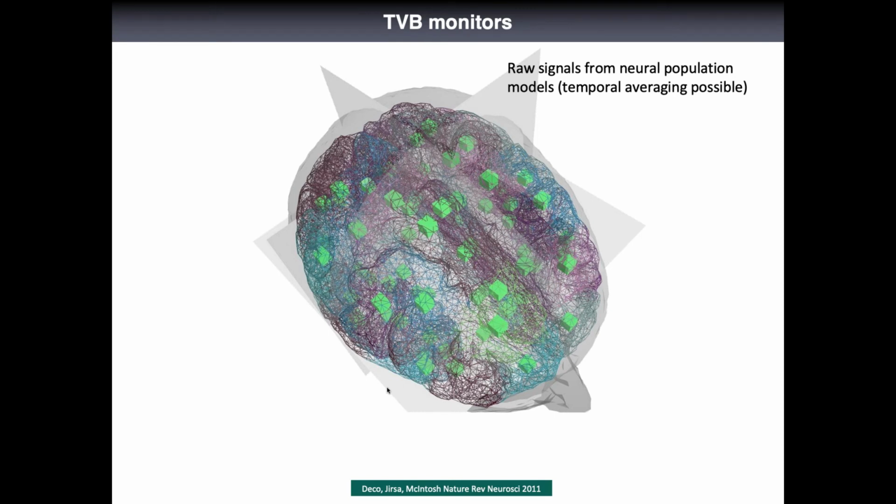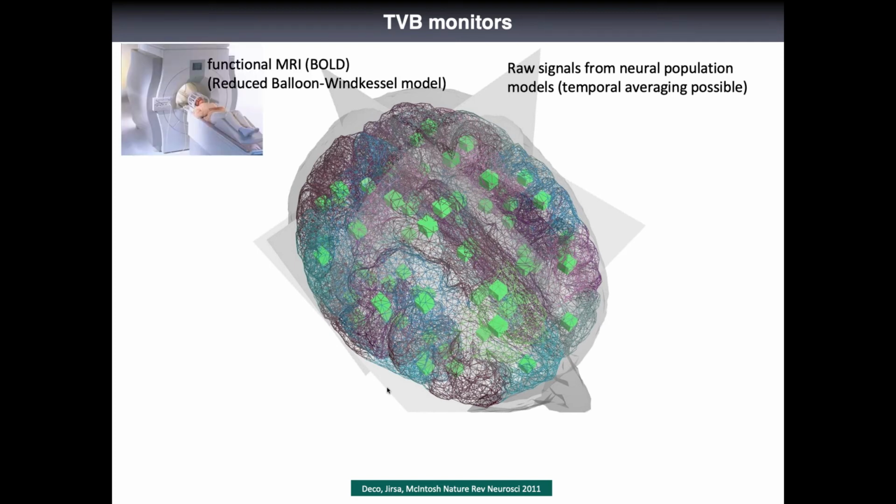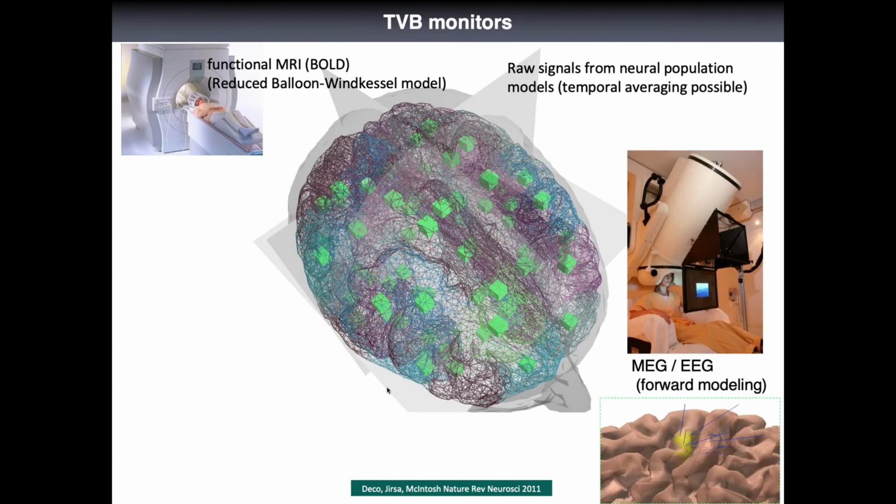This is what we call a raw monitor. There are also versions of it that perform at the same time some kind of subsampling or temporal averaging. This would be, for instance, like measuring the LFP, the local field potentials. Then we have monitors to produce MRI BOLD through the implementation of a reduced balloon Windkessel model.